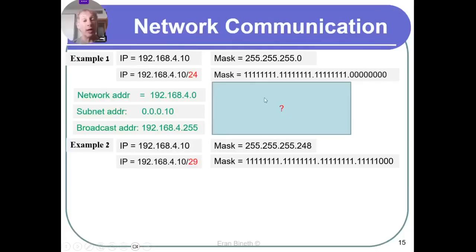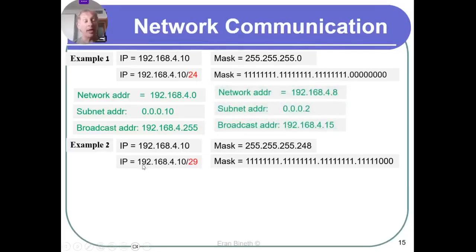When we're using this address with a /29 mask, we'll reach a different answer. The answer would be that 192.168.4 is achieved as before, but we're also taking 5 bits out of the right octet. 10 is essentially 8 plus 2.